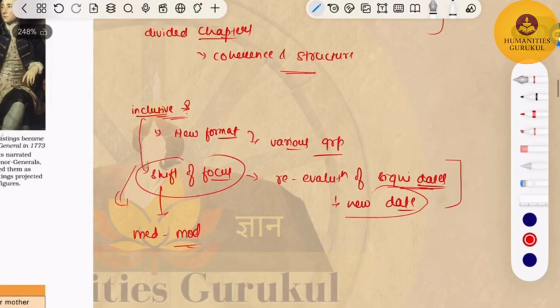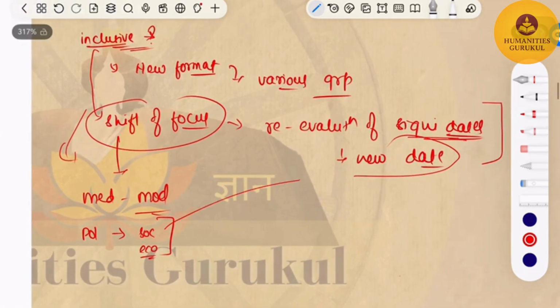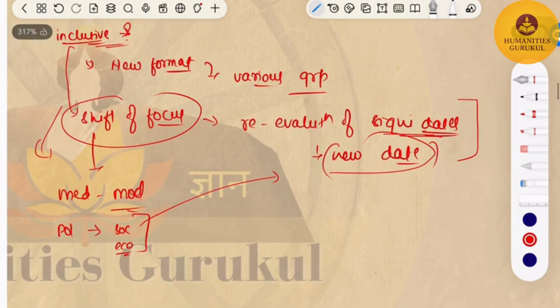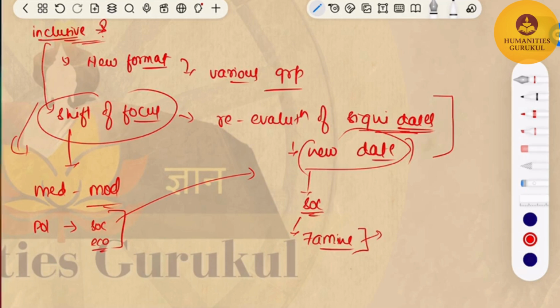In a similar way, now you are shifting your focus from political to somewhat social or economic history. So it will give you some new dates. I'll give you one example. If you study about social dates, famines became very important events during British rule. Why? Because too much pressure was put on normal Indians, so eventually they ended up losing everything.